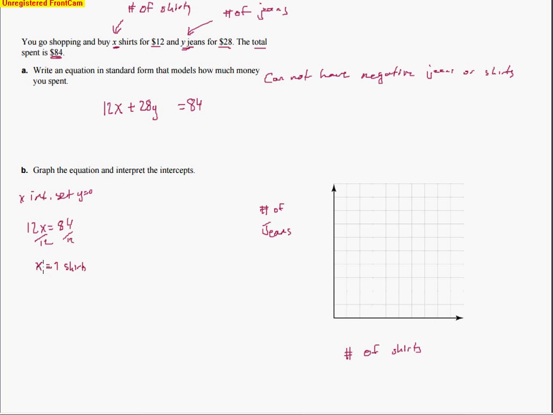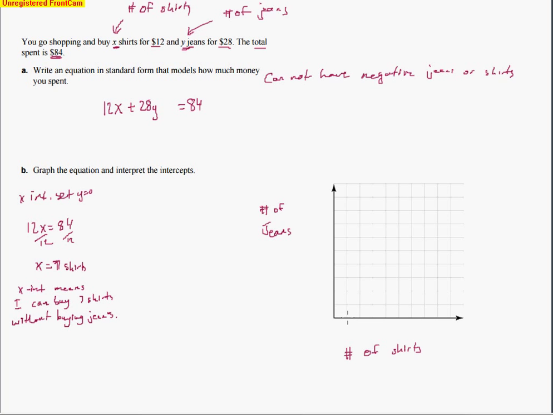So the x-intercept is 7, so this represents, x-intercept means I can buy 7 shirts without buying jeans. So if I don't buy any jeans, I can buy a total of 7 shirts.